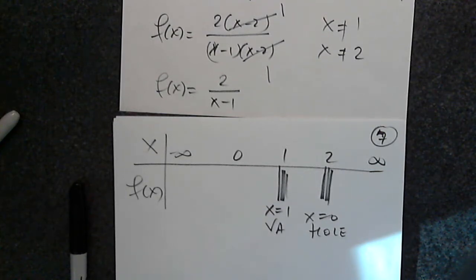So is it type 1, type 2, or type 3? Is it same degree over same degree? If it's same degree over same degree, it's type 1.